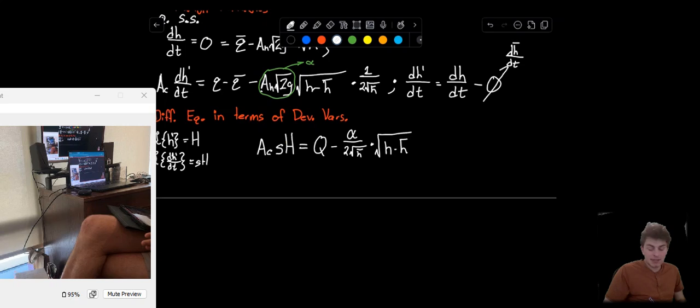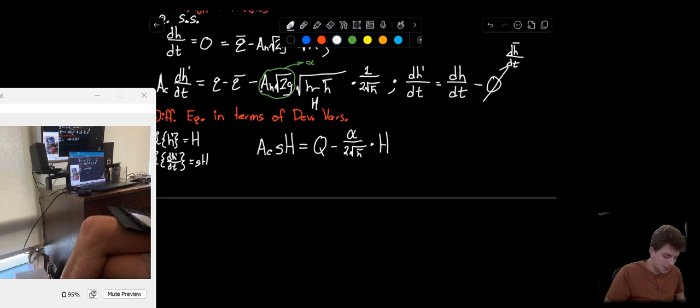Now that we've done all this, what we need to do is, oh shoot, messed this up. h minus h bar, this is going to be big H, right? So this should just be big H. And so now we're in the Laplace domain.